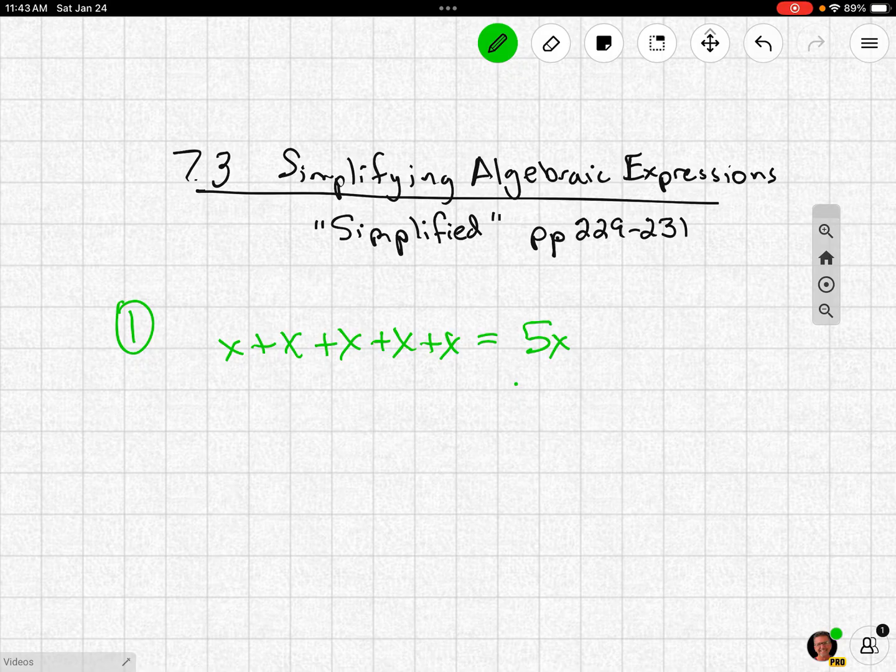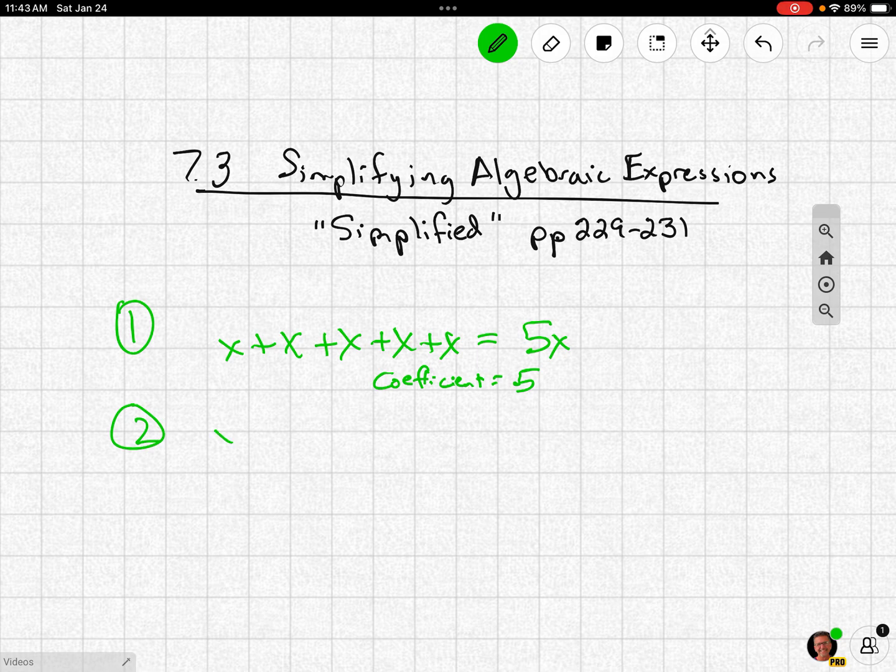So the coefficient here is 5. Coefficient equals 5. Not 0.5. That's not a decimal point in there. Okay. Coefficient is 5. Number 2, go ahead and do 2 through 4, and then turn the video back on.